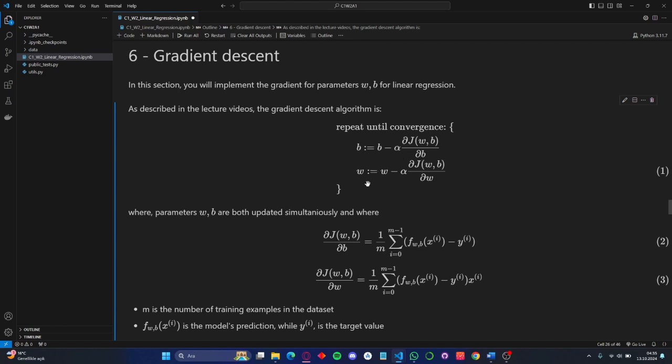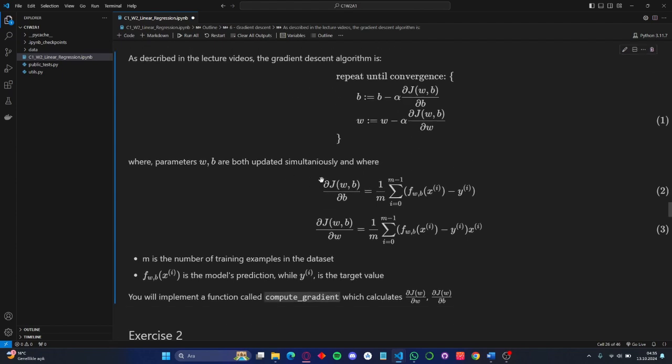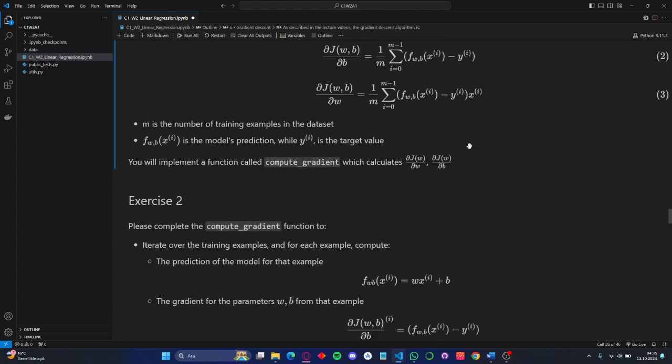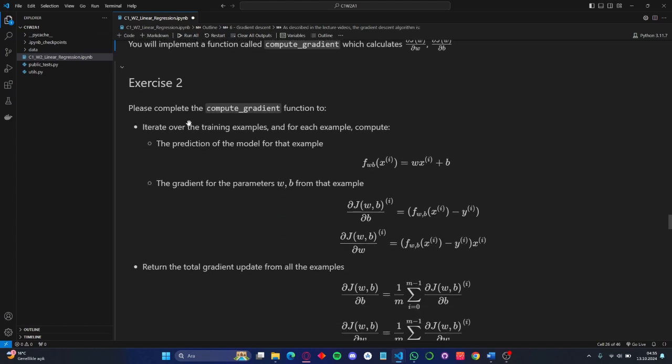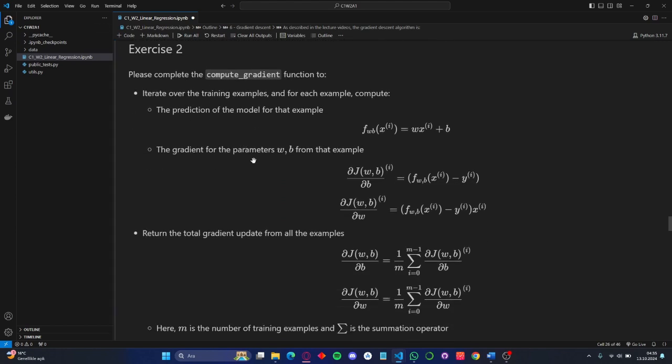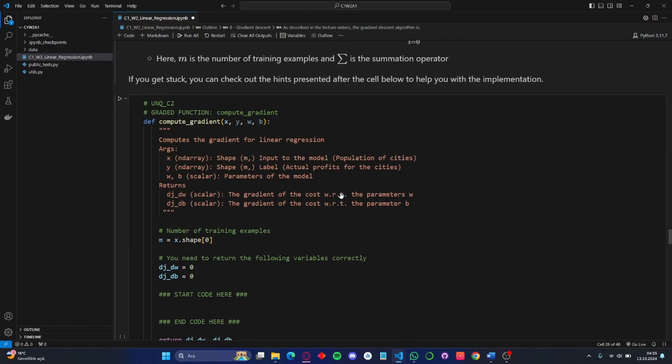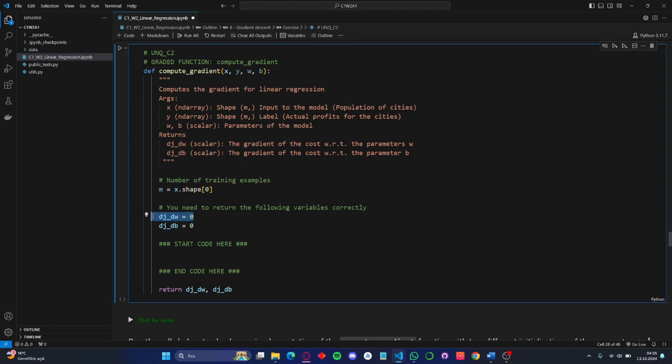For the w parameter, again, learning rate times the derivative of the cost function with respect to w, and these are our functions for the derivatives. In exercise 2, we will compute the gradient. These are the derivative of w and the derivative of b.